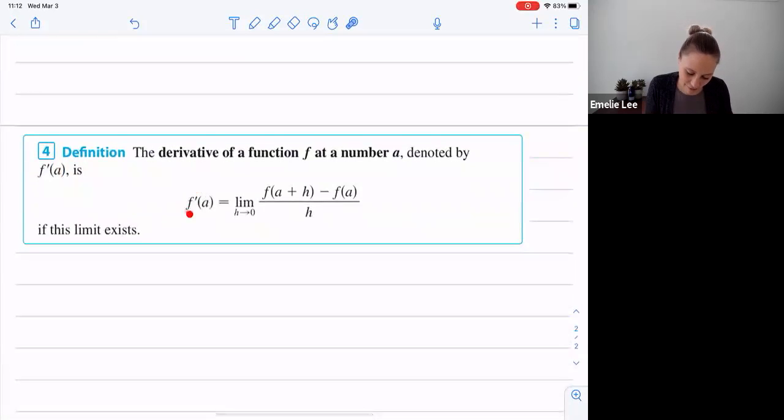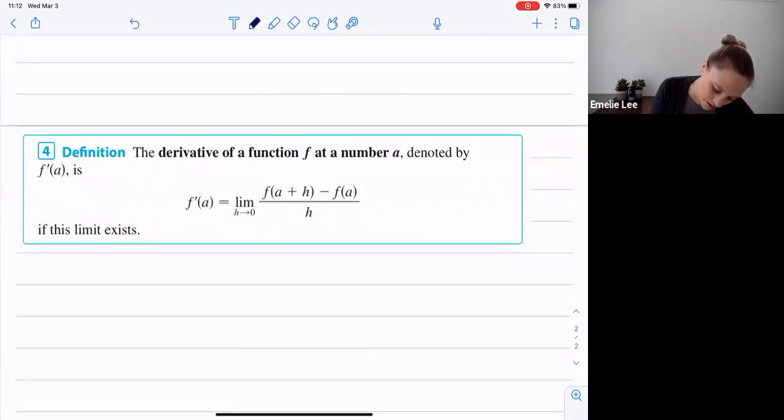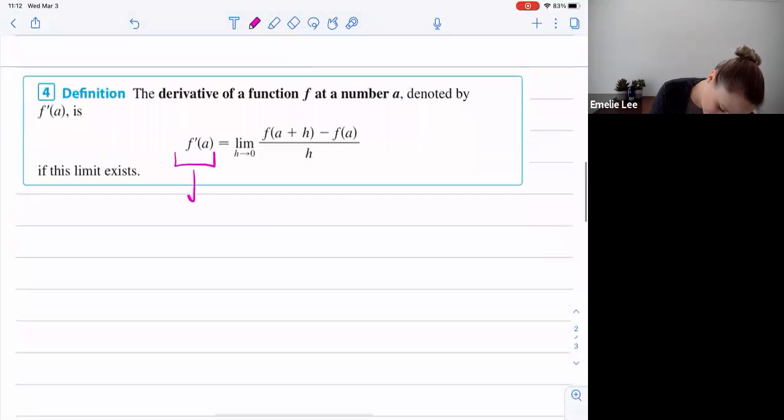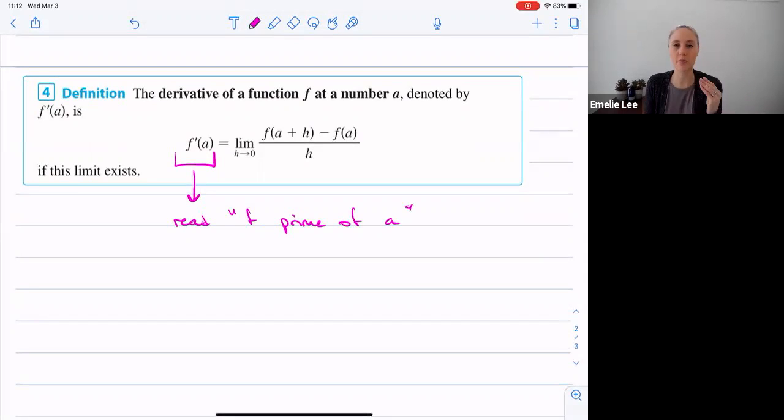And that is f prime of a. So here, I want you to read this as f prime of a. Okay. So that prime indicates the derivative.